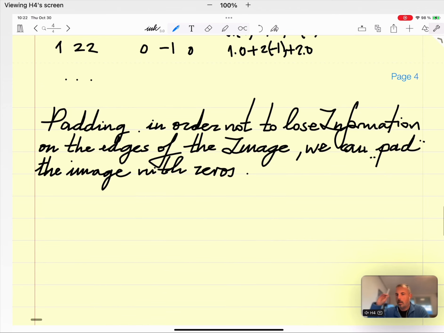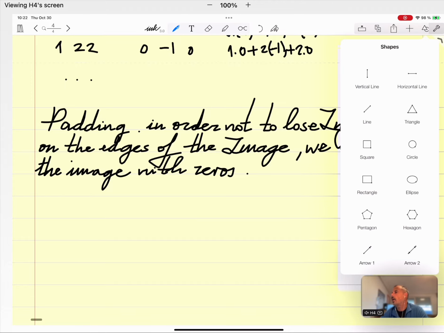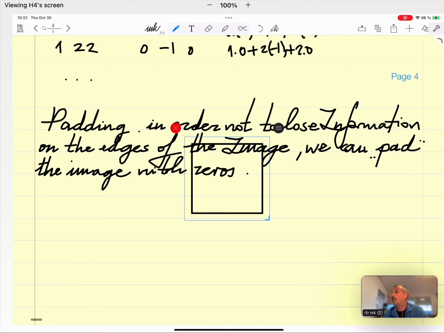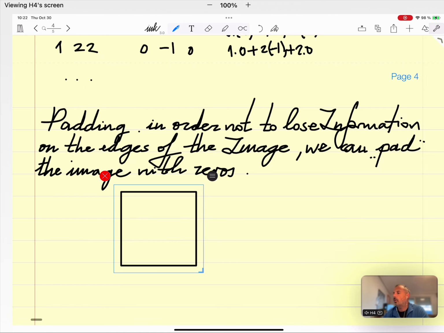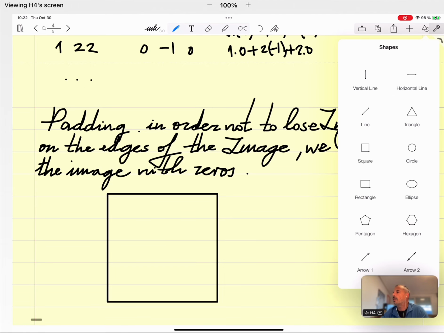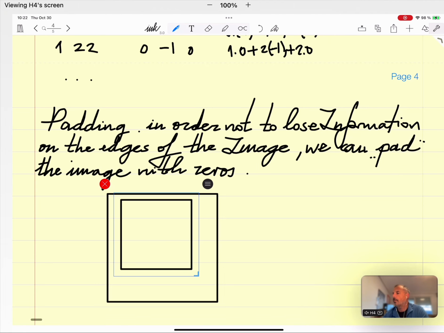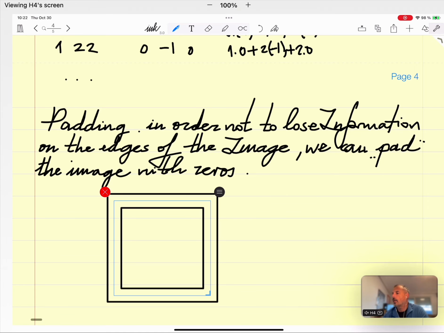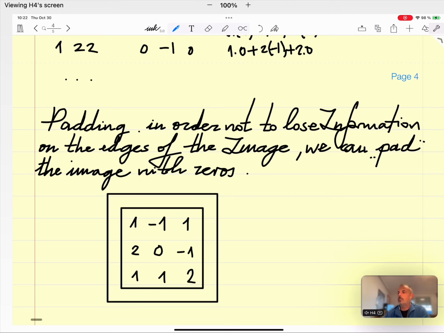And in order to do so, before multiplying with the kernel, before doing the convolution, we say, okay, this is our image. Let's say 1, 2, 1; -1, 0, 1; 1, -1, 2. Before multiplying with the kernel, we add padding.